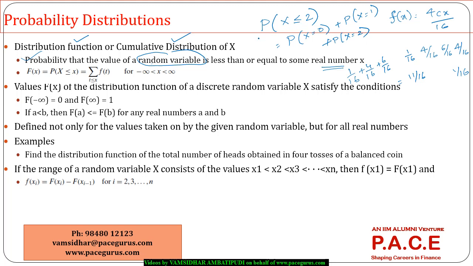So the cumulative distribution function F of x is the probability of x less than or equal to x, where we are adding all the individual probabilities up to the value of x. That is what we call the distribution function.